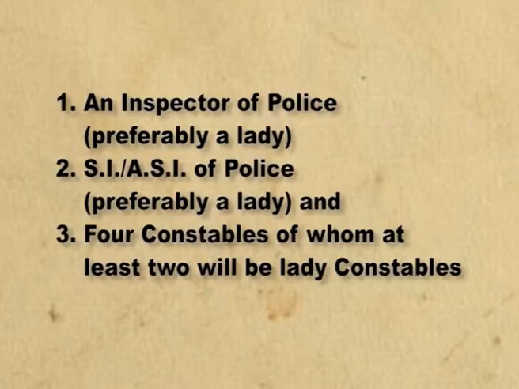The superintendent of police entrusts inquiry and investigation of important matters and cases to this cell. The women and child cell will comprise an inspector of police, preferably a lady, a sub-inspector or additional sub-inspector of police, preferably a lady, and 4 constables of whom at least 2 will be lady constables.